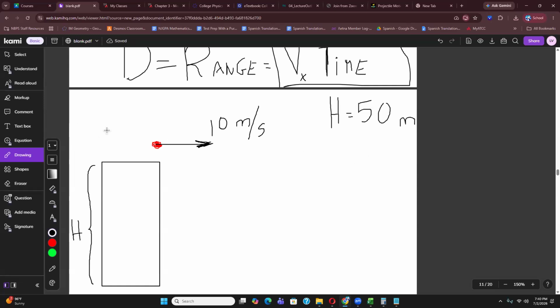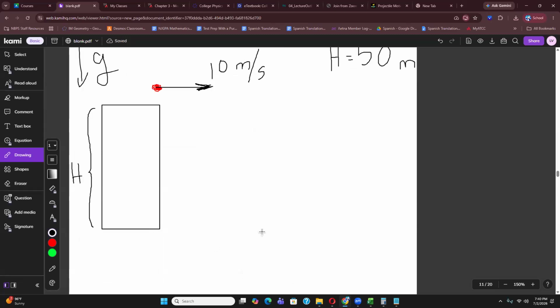Let's analyze this motion, all right? Let's analyze the zero launching angle. If you draw the trajectory, it goes like this. Okay.